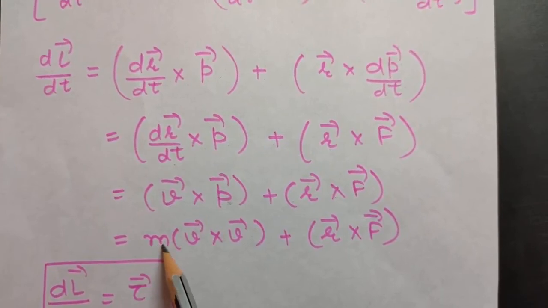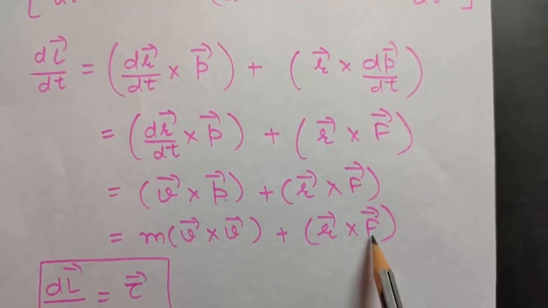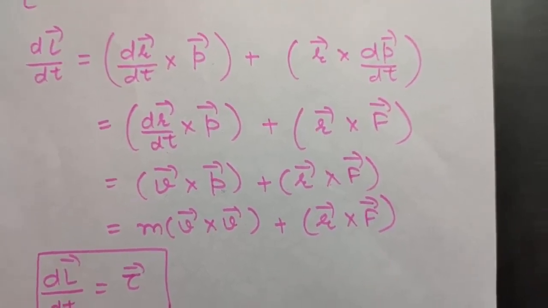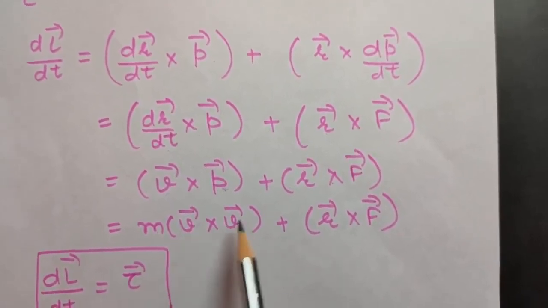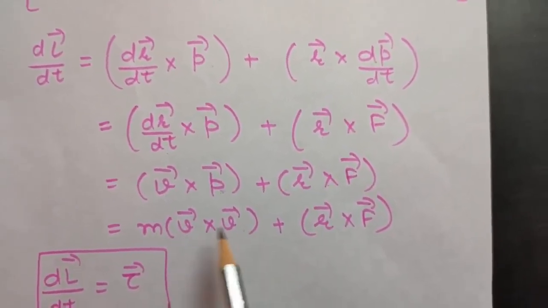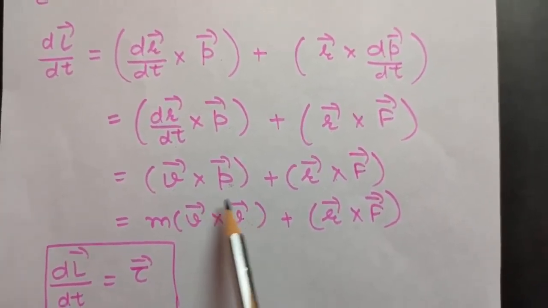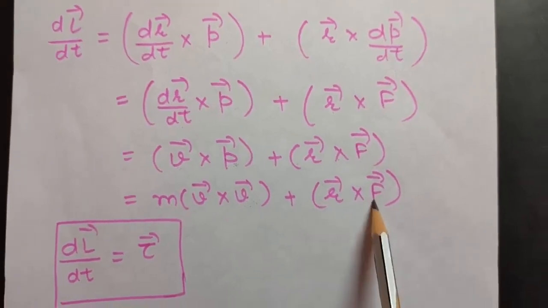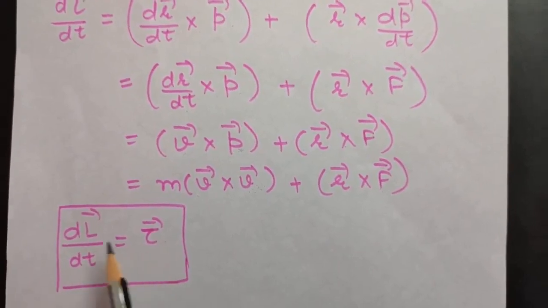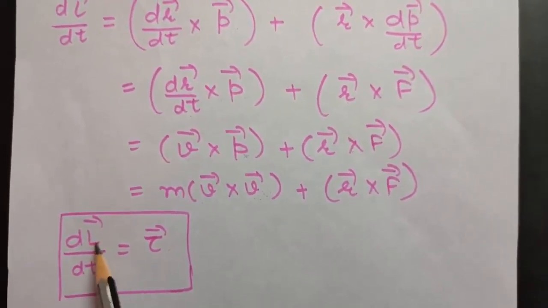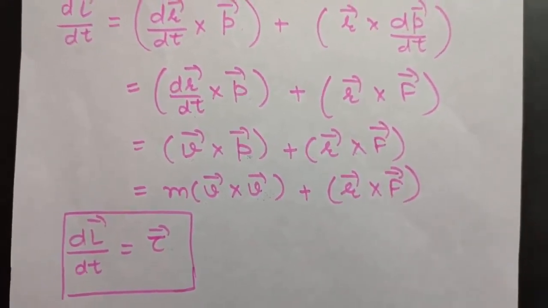So taking m outside, this will become m times v cross v plus r cross F. Now as I told you, i cross i is 0 because the angle between them is 0. Similarly, v cross v will be 0 because the angle between them is 0, as they are the same vectors. So this term will be 0 and r cross F, as you know, is torque. So dL by dt will come to be torque, that is, the differentiation of angular momentum with respect to time is nothing but torque. Okay.